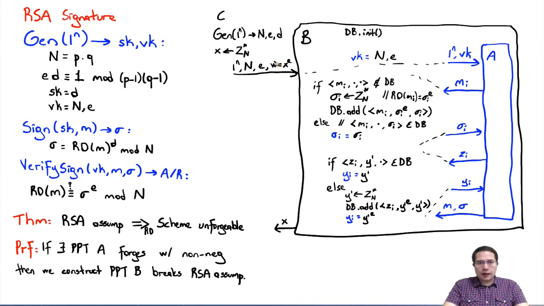At this point, we haven't used W. So if W is unused, then there's no way the adversary can help us finding X. If X to the E is not given to the adversary somehow, then the adversary has no idea about X to the E or X, so he cannot help us finding X. Now we are going to integrate this in our proof so that the adversary's forged signature will help us find X.